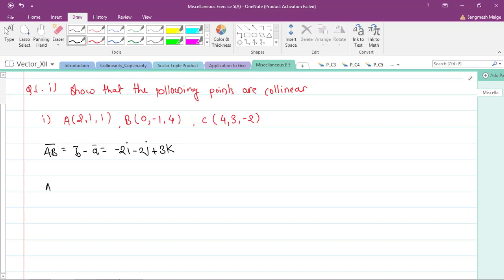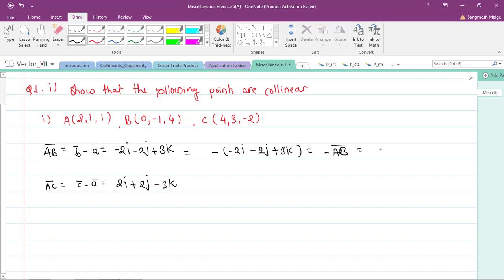That is AB bar. Now find AC bar: 4 minus 2 is 2i, 3 minus 1 is plus 2j, and minus 2 minus 1 is minus 3k. Now what is the scalar multiple? If I multiply AB bar by minus 1, minus of minus 2i minus 2j plus 3k gives 2i plus 2j minus 3k, and these two vectors are the same. So AC bar equals minus of AB bar.